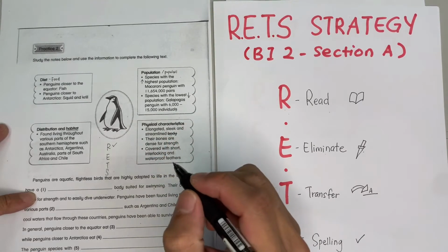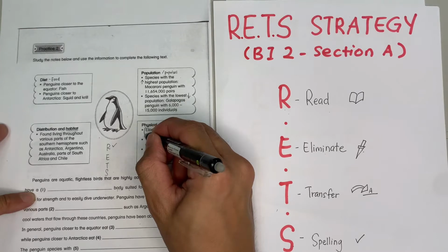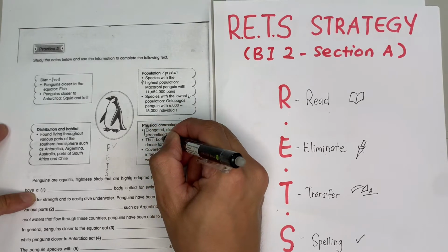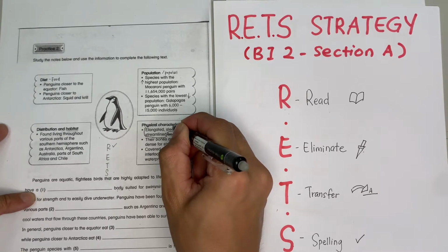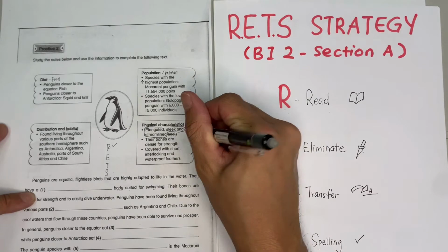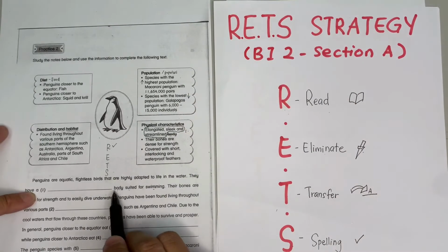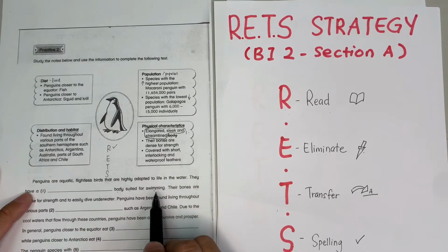So what is the possible answer? Yes, this whole line here: elongated, sleek and streamlined. I'm going to circle all around it because this is the possible answer for question number 1. Okay, we don't transfer first until we are very confident.